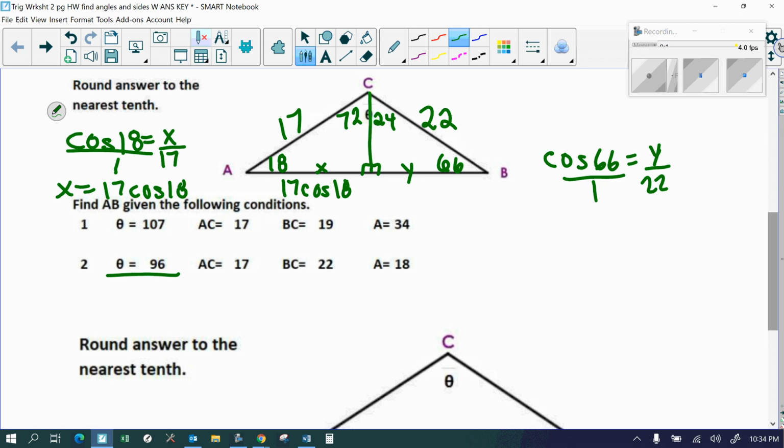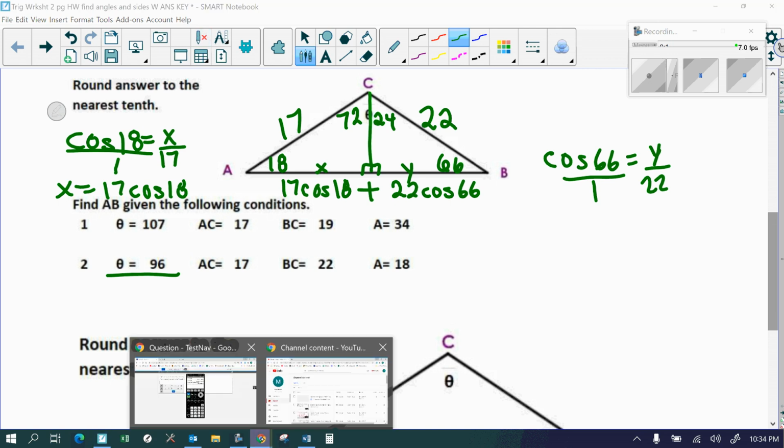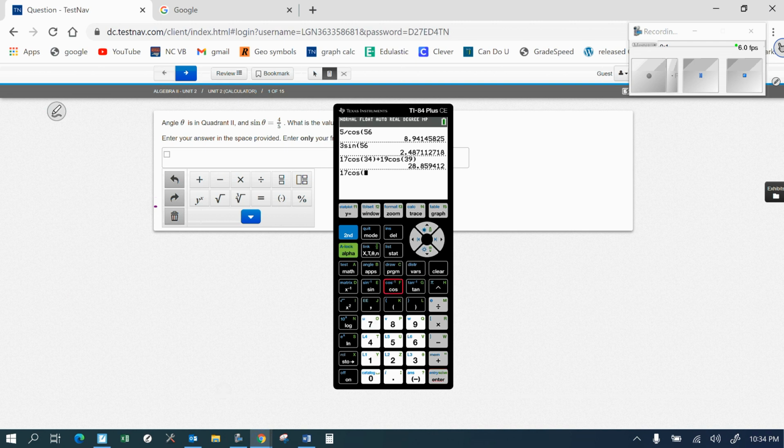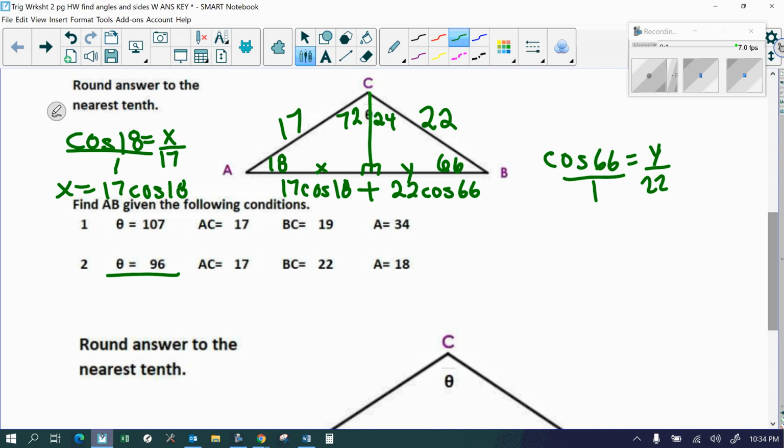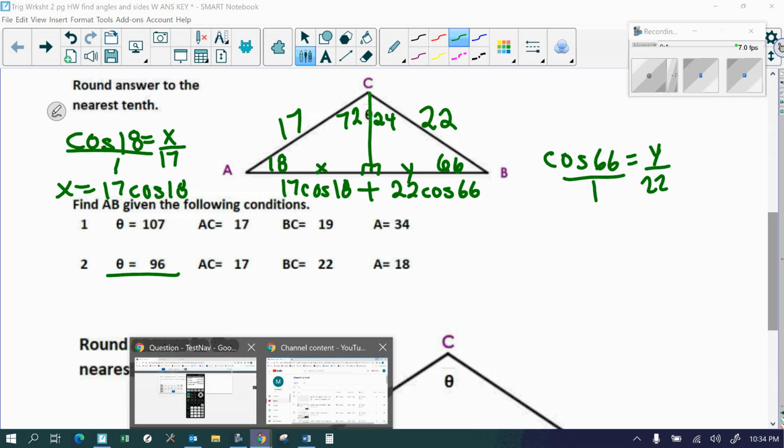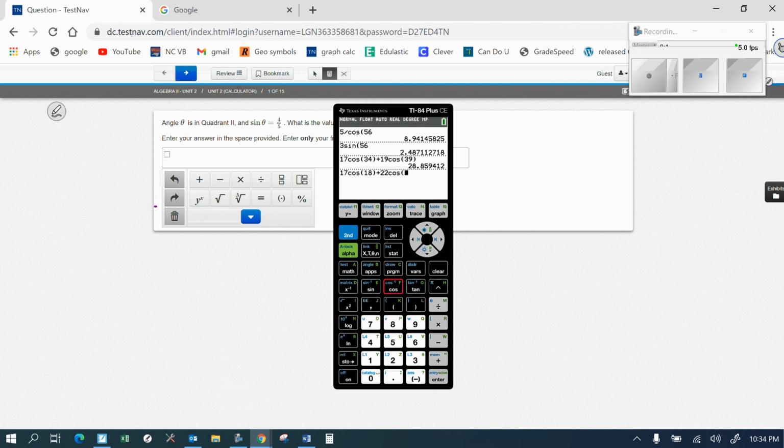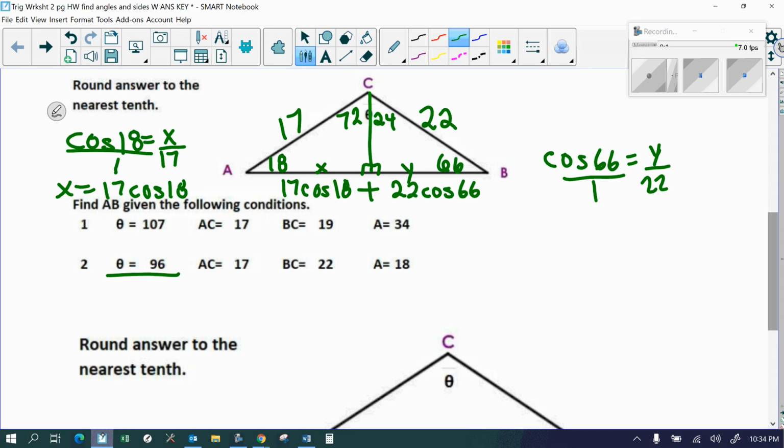Cross multiply and I get Y equals 22 cosine 66. And now I just add them together. 17 cosine 18 plus 22 cosine 66. 25.1 is my answer. 25.1 equals AB for this one, the distance from A to B.